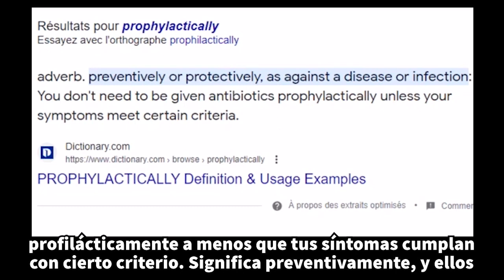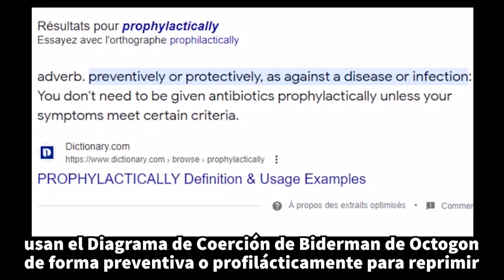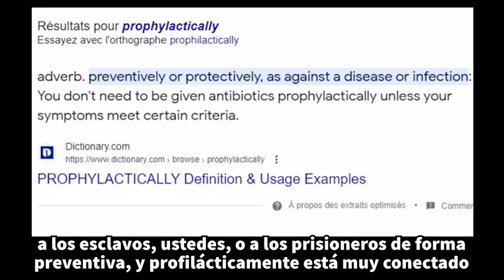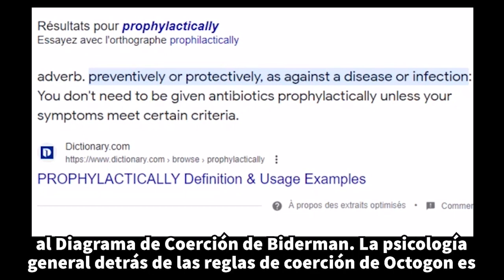So they use the octagon chart of coercion by Biderman preventively, to keep the slaves, I mean you or prisoners, down.